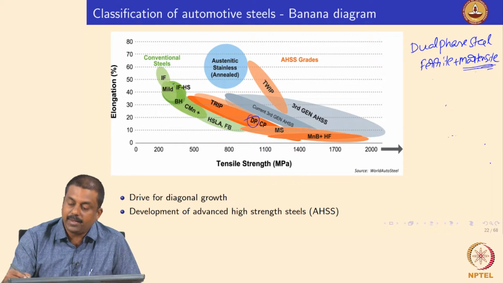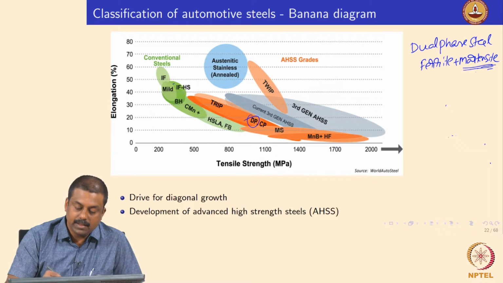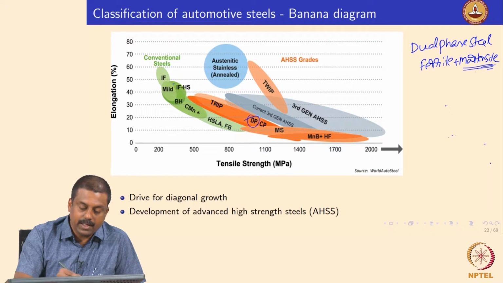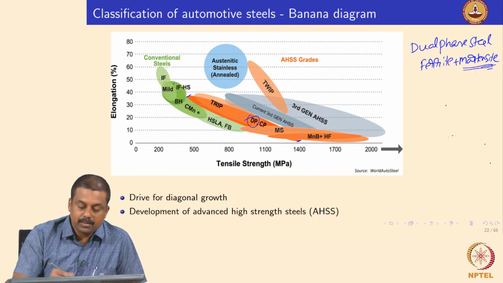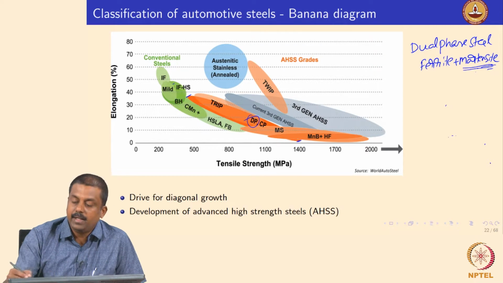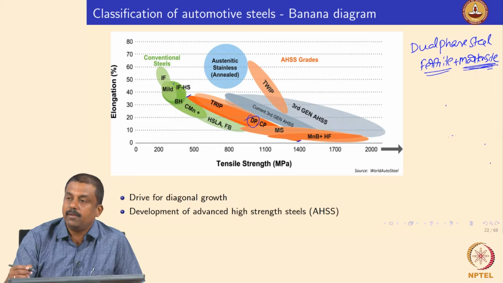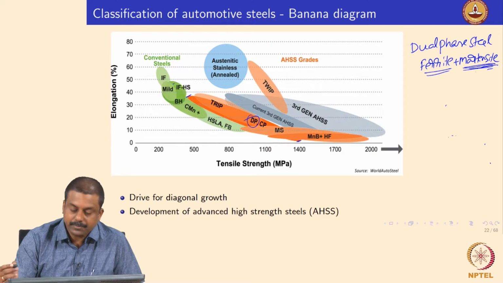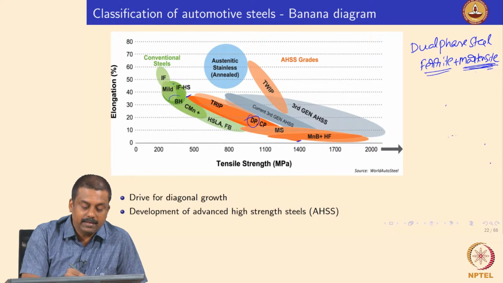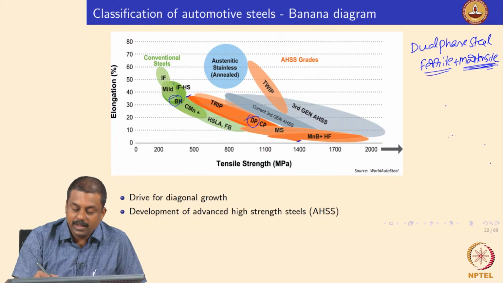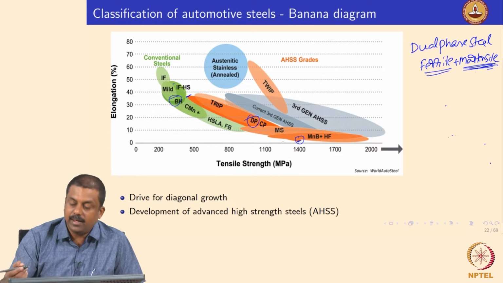But as of now, you can understand that the DP steels, dual phase steels, can have ductility of say 30%, and the strength can be increased up to 1200 to 1400 MPa. So a range of properties can be obtained by changing the morphology and the volume fraction of the ferrite and martensite mixture. And we will see in detail the actual formation mechanism and why dual phase steel can give you elongation as good as the bake hardening steels and strength which can go more than 1 gigapascal.